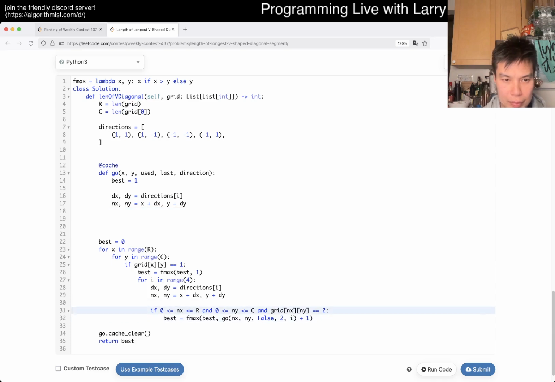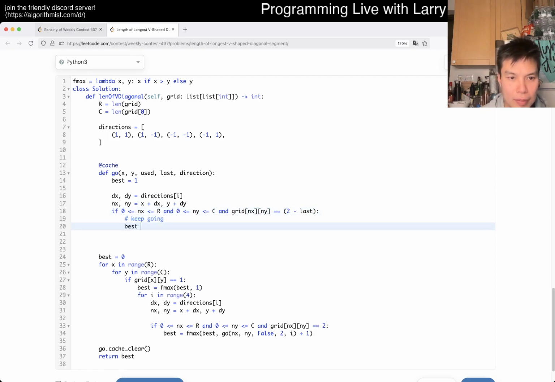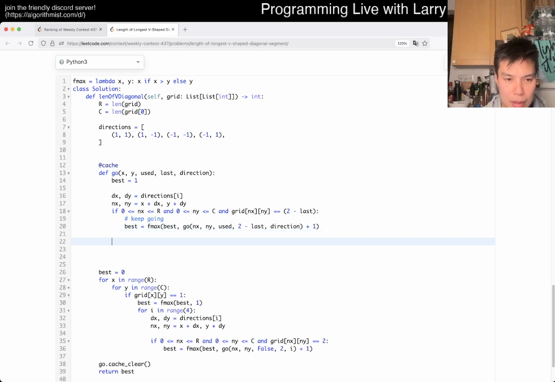Just keep going. We want this to be 2 minus last, so it swaps from 2 and 0. So if that's good, then we just keep going, right? Otherwise, turn right.